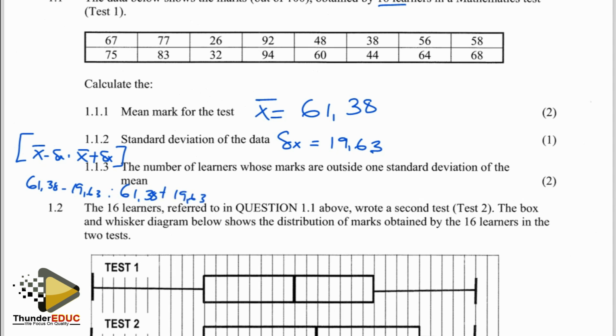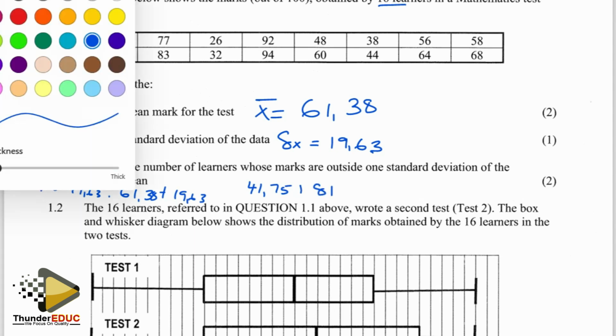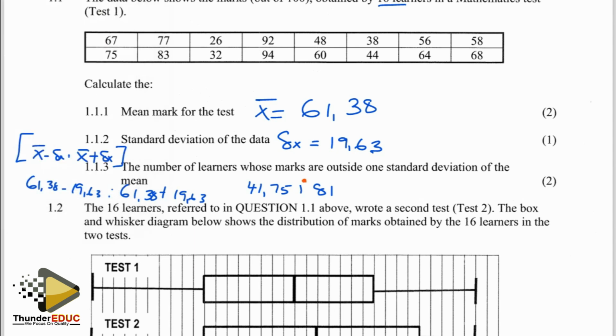I'm going to get an interval of 41.75, and then I'll end up with an interval of 81. So what this means is that I need to find out how many learners got marks below 41.5 and then how many learners got marks above 81.